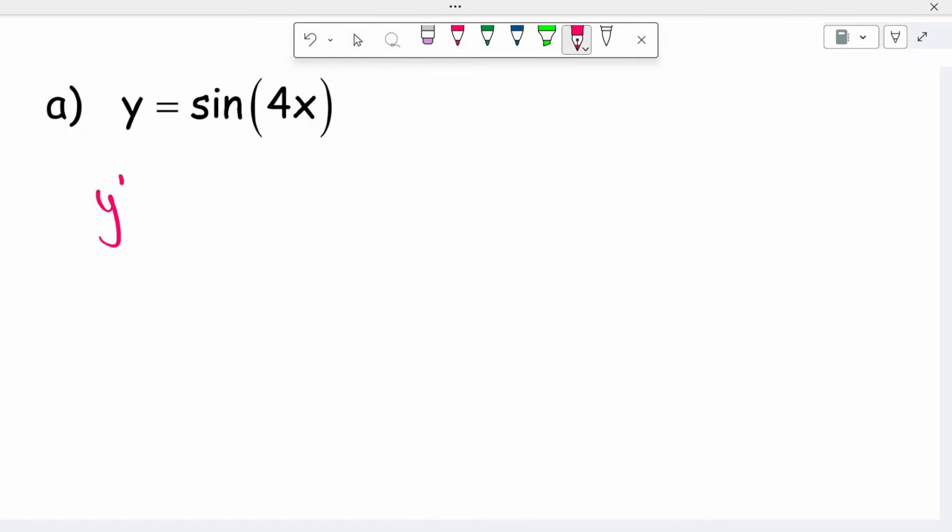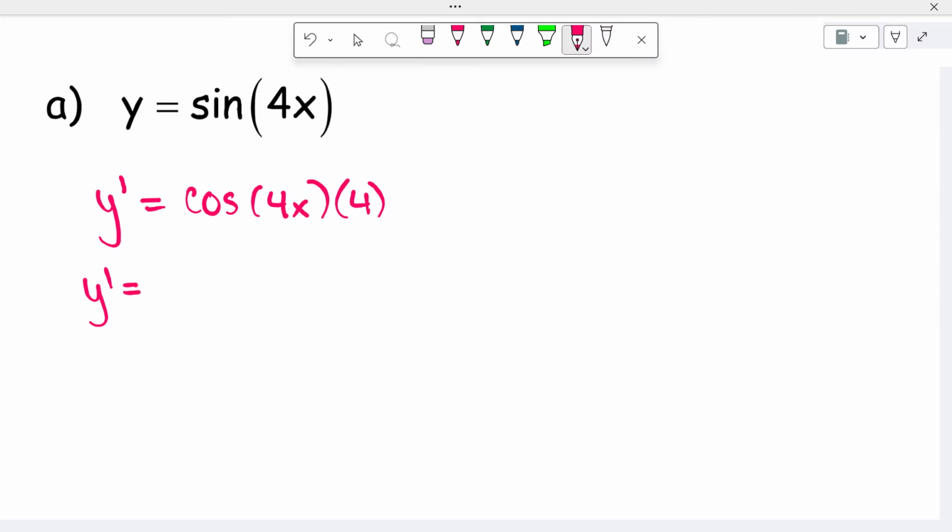Y prime equals, what's the derivative of sine? Cos. And remember, the inside function stays. Right? And then what is the derivative of the expression for the angle? 4x is a linear term. What's the derivative of the inside? 4. That's it.